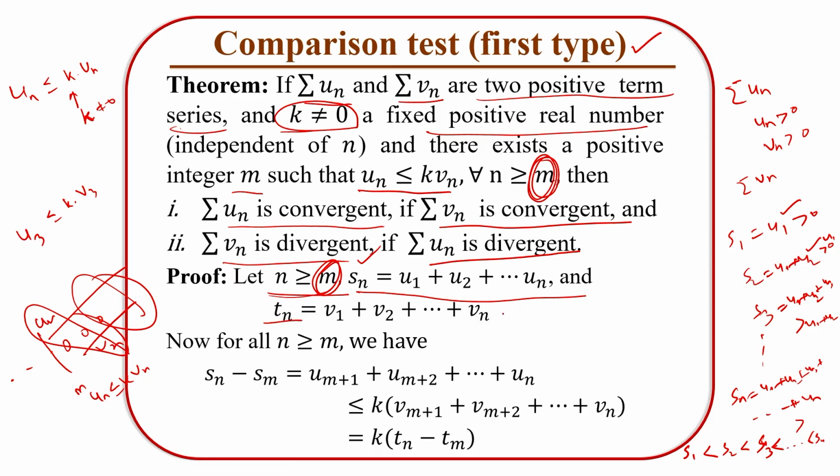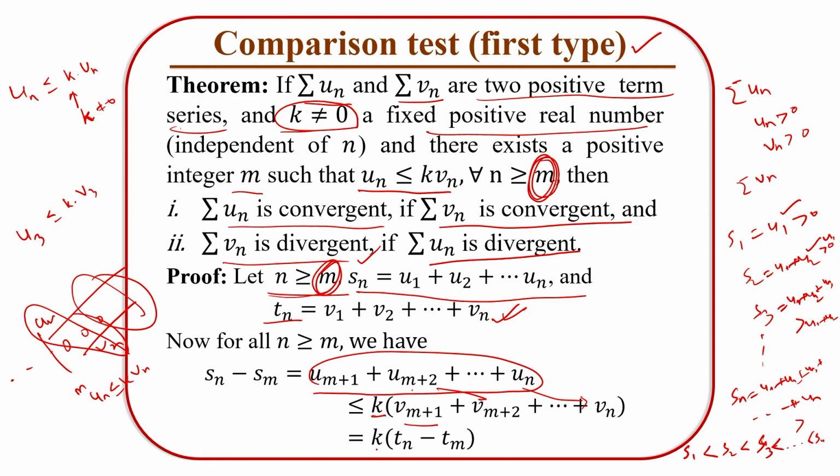This is also the nth partial sum of the series sigma vn. So I am calculating Sn minus Sm. This is nothing but the sum from m plus 1 to n of u, and this is less than or equal to u(m+1) plus and so on. u(m+1) is less than k into v(m+1), u(m+2) is less than k into v(m+2), and un is less than k into vn.